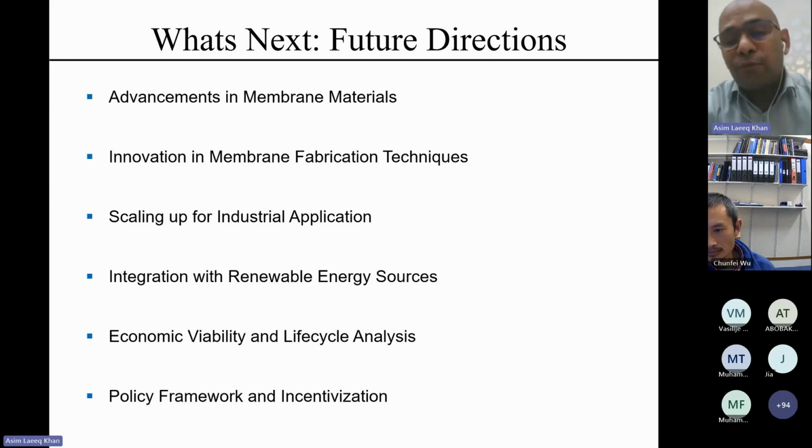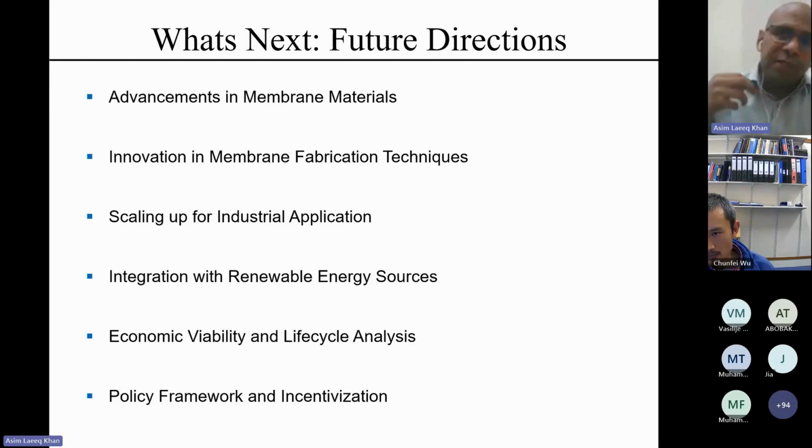Economic viability, and a very important point, carrying out life cycle assessment. Most of the synthetic polymers used for membrane manufacturing are produced from fossil fuels. So one has to think: on one side, we are reducing CO2 emissions by CO2 capture, but the polymers that are used, or the membrane manufacturing process itself, are highly energy intensive and lead to fossil fuel emissions.